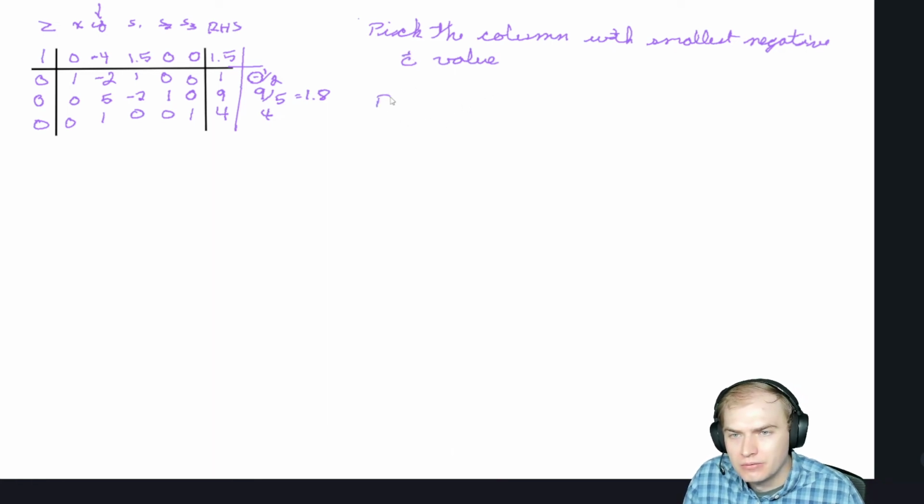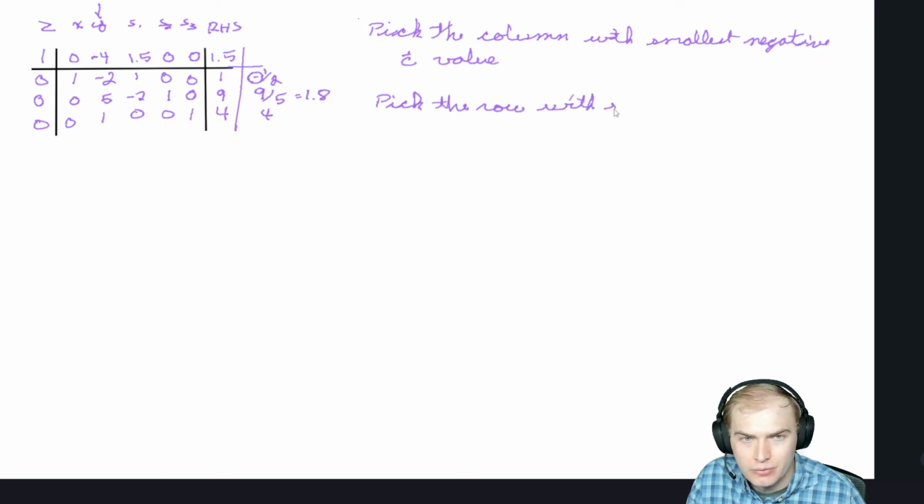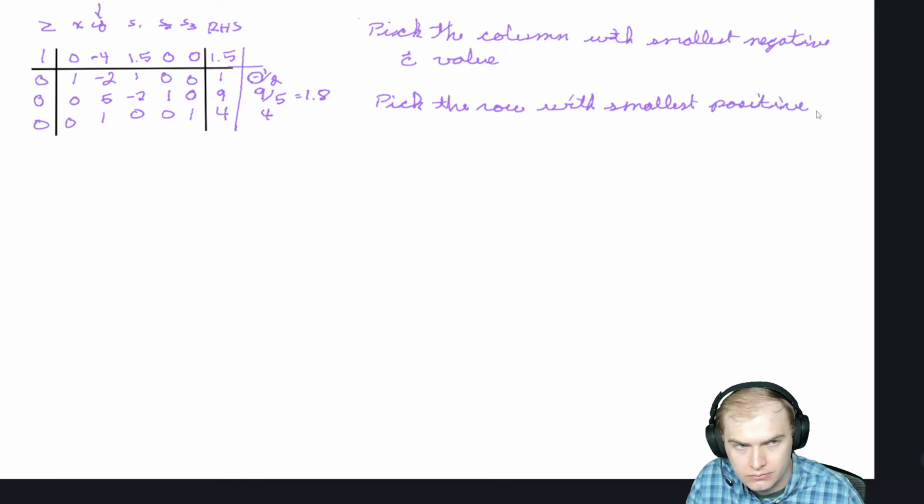And then we pick the row with the smallest positive B over A value.